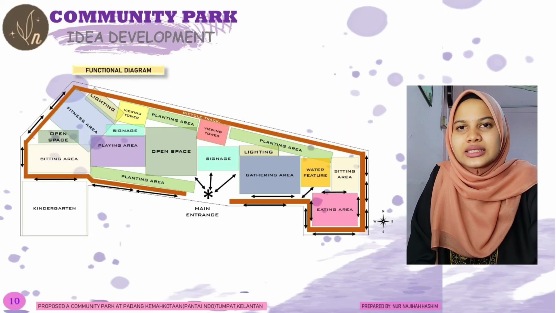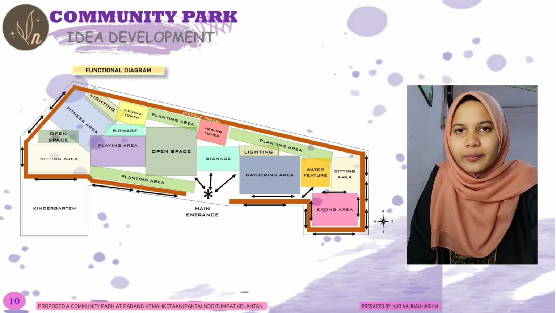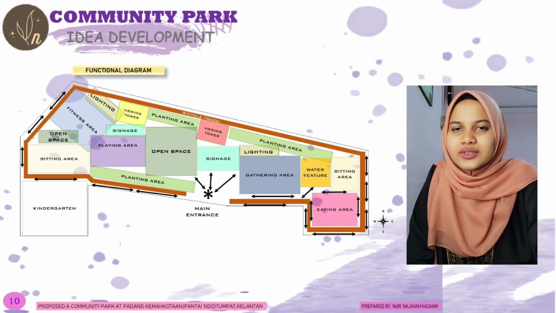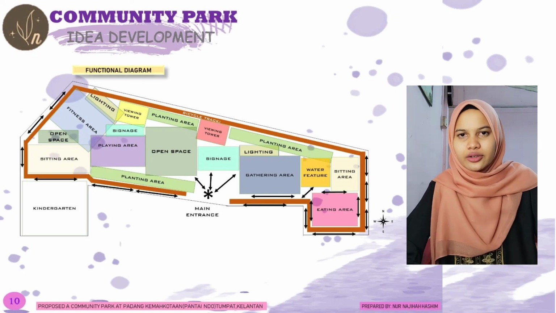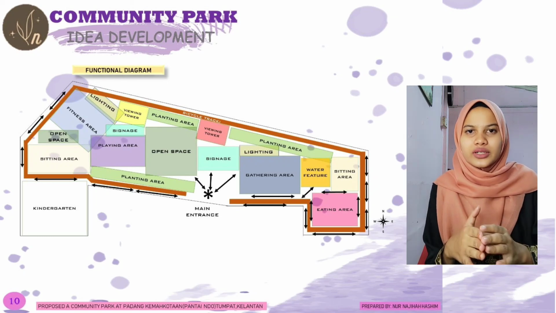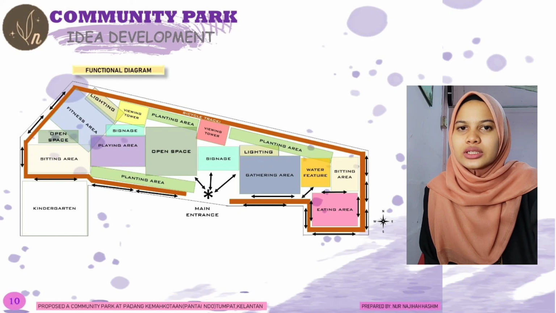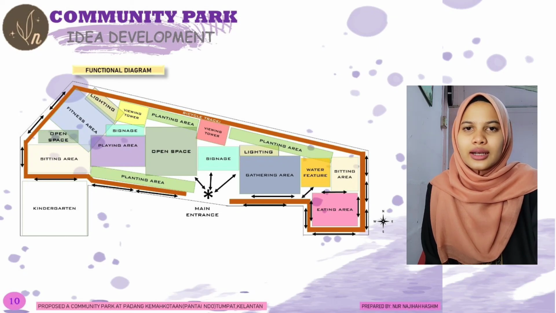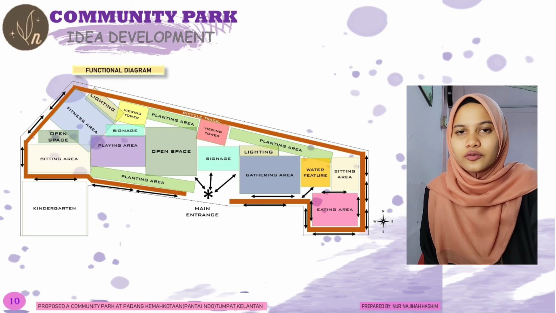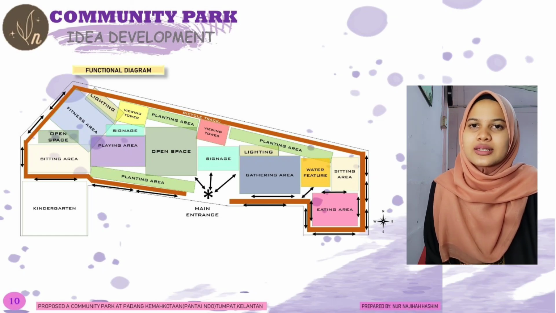Okay, next, this is the functional diagram that has been created. First, the main entrance. The black arrow shows circulation in and out of the site. The brown line is the bicycle track, and there are the gathering area, water feature, eating area, and sitting area.